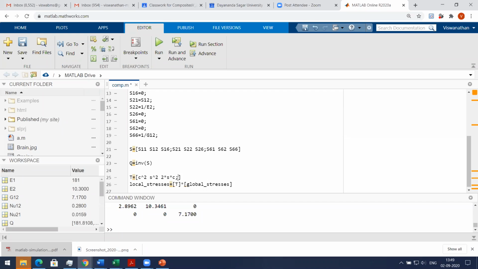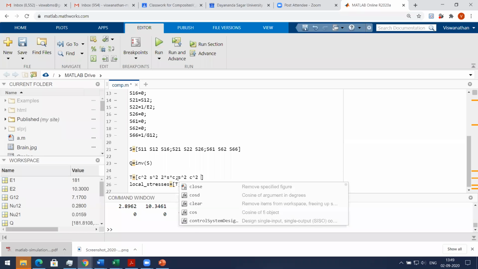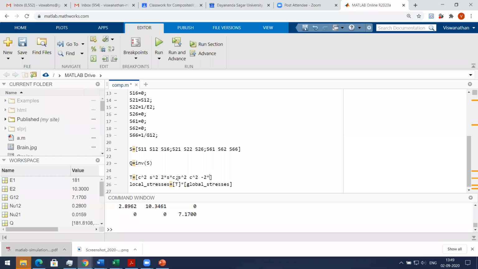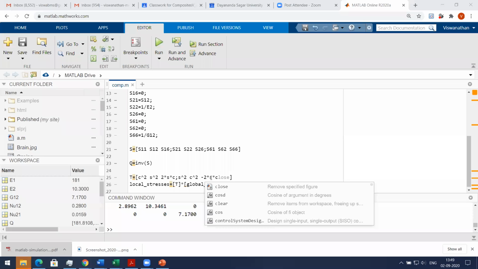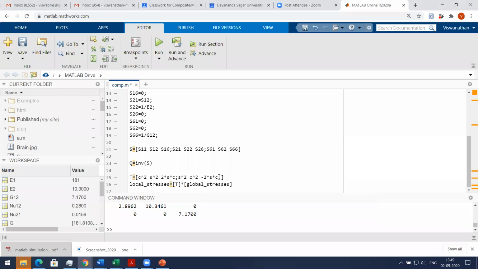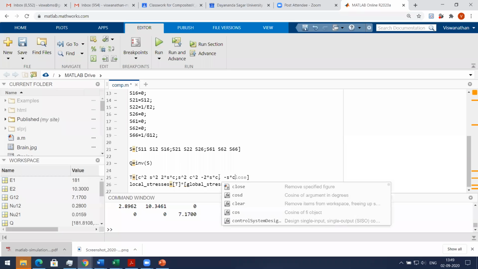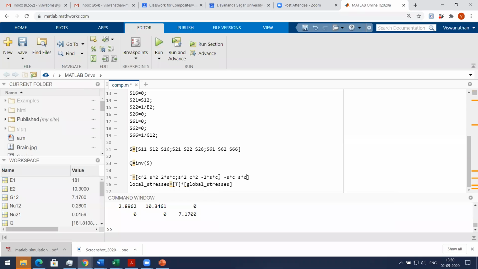I put a semicolon. S square, C square, minus 2SC, and then minus SC, and then plus SC, and then C square minus S square.